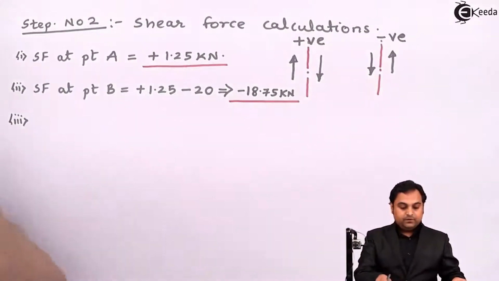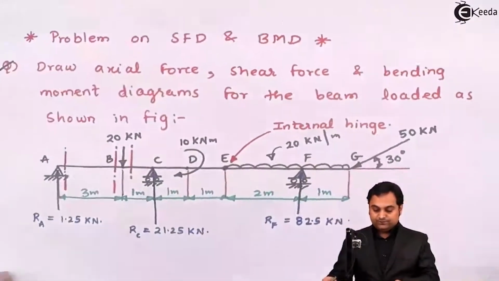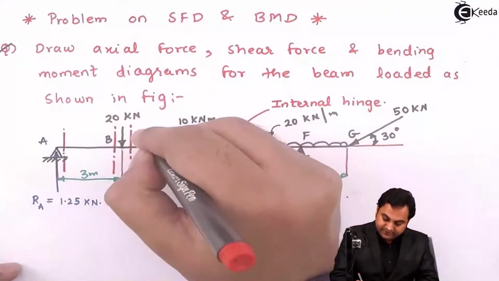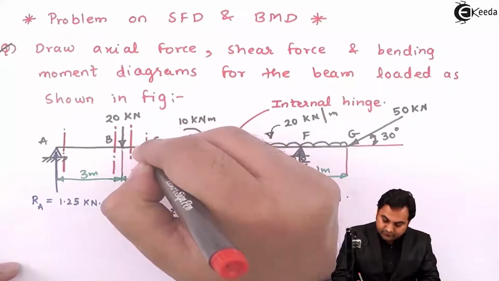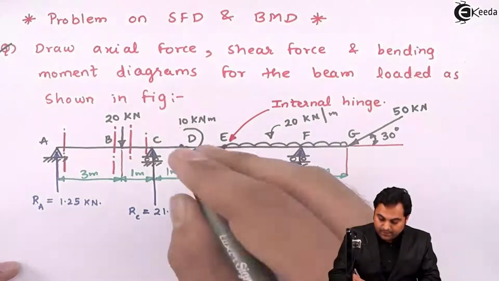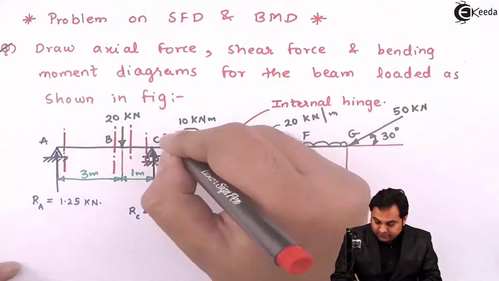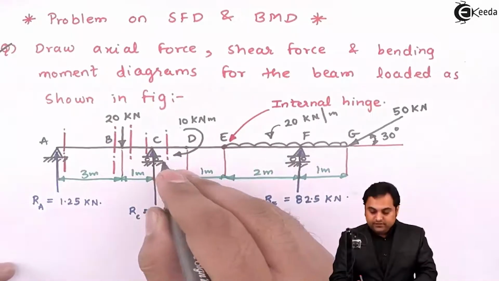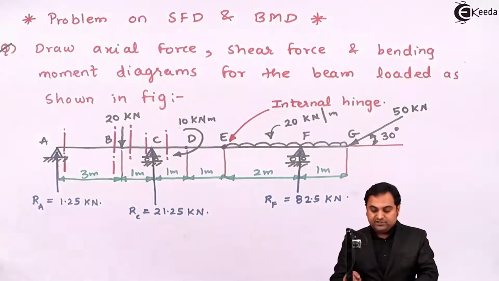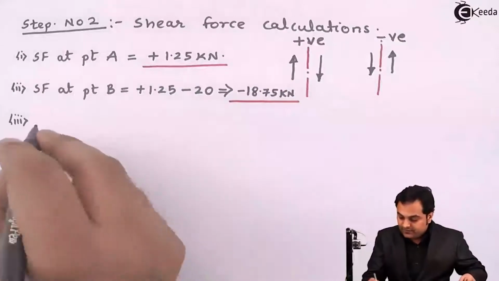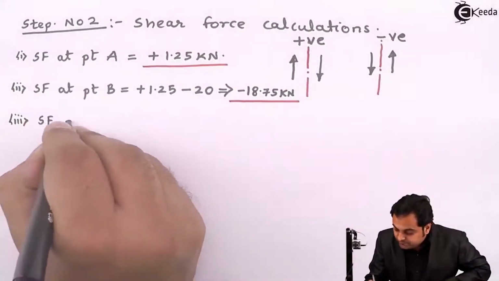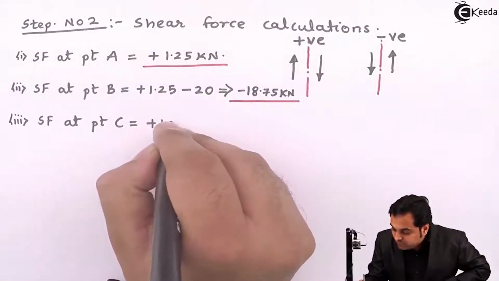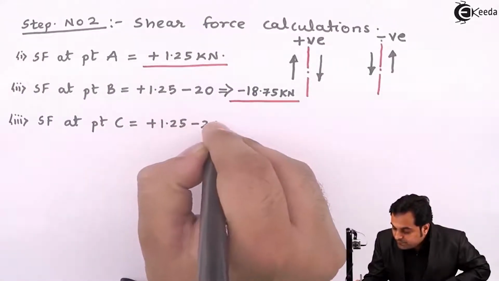Then this value of shear force will be constant up to the left of C, that is, taking the section to the left, this shear force will be constant. But when I take the section to the right of C, the shear force value will change because of RC. So we have SF at point C is equal to plus 1.25 minus 20.